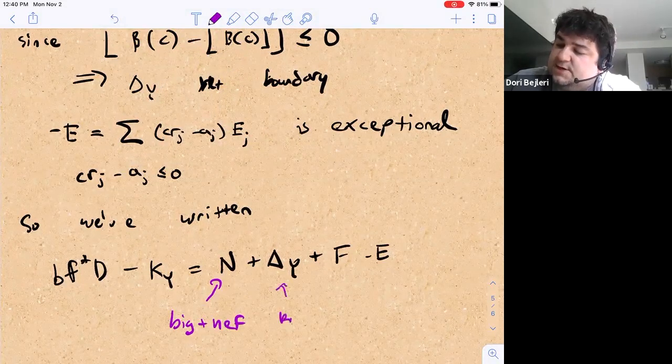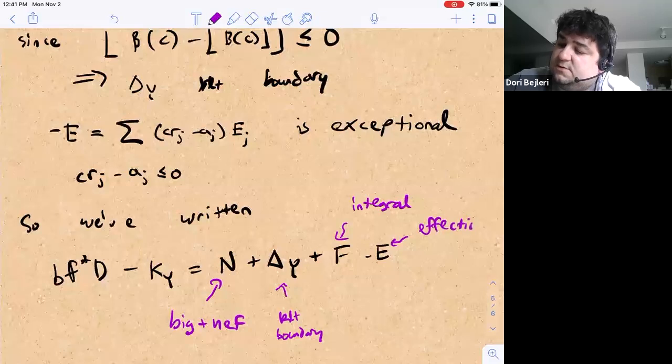This is a KLT boundary. This is integral, and this is effective and exceptional.